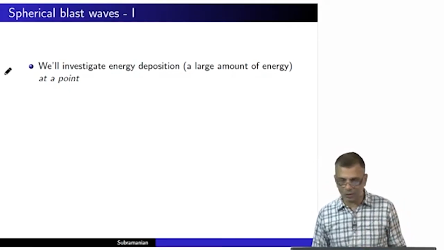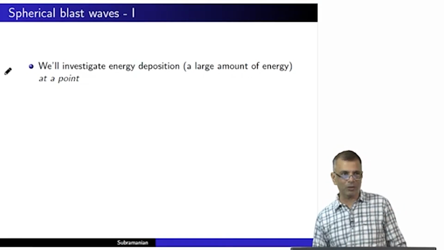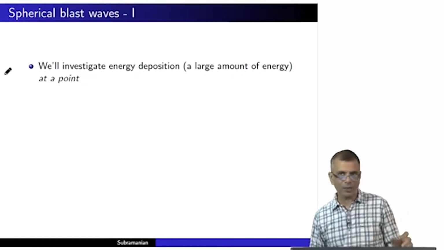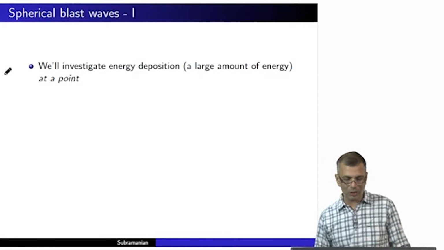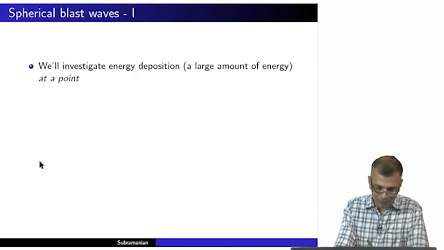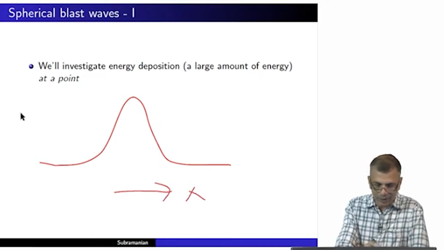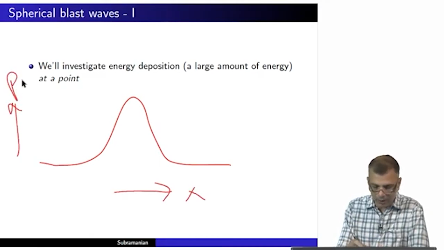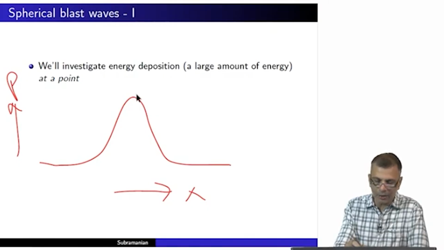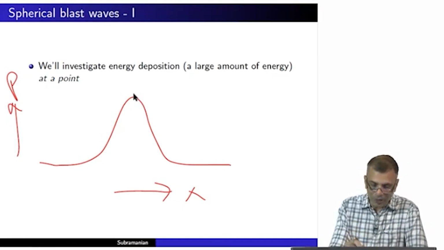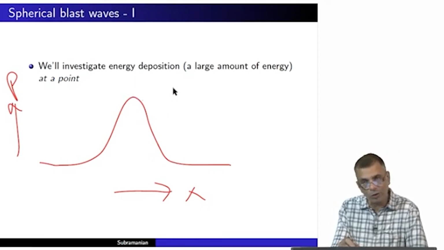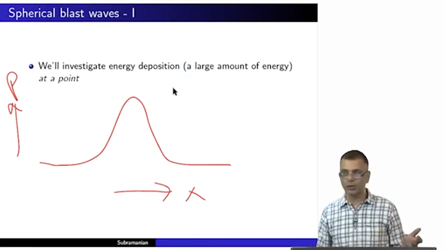Why does this also produce the shock? You remember, a shock is essentially produced due to a pressure pulse. A pressure pulse like this. This would be X, and this would be P. The pressure pulse is so large that the peak of the pressure pulse has a different sound speed from the leading edge of the pressure pulse, and therefore the peak tends to overtake the leading edge, leading to shock formation.